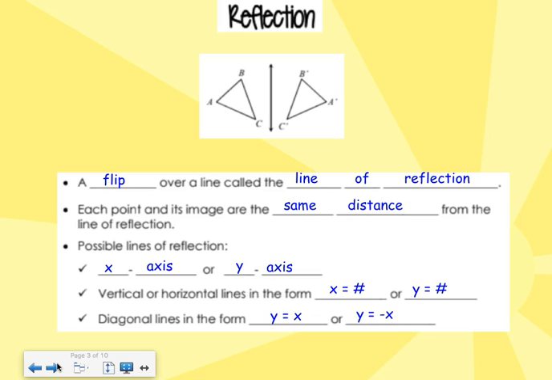So some possible lines of reflection: the x-axis, the y-axis, horizontal or vertical lines. X equals a number, y equals a number. Let's review for a quick second. If I have x equals some number, is that this way or this way? X is left and right.